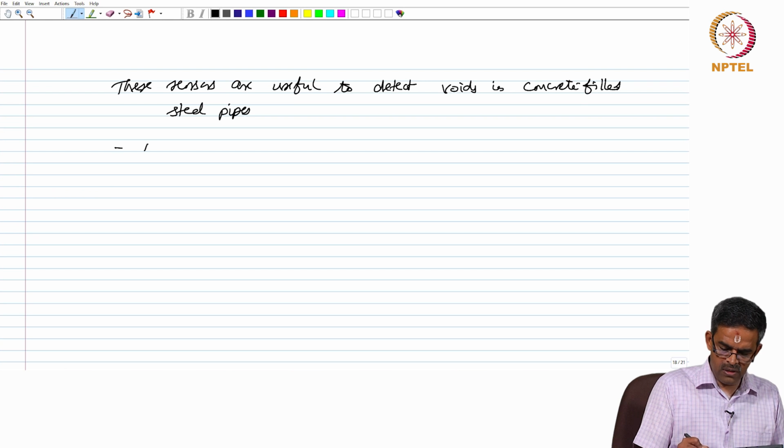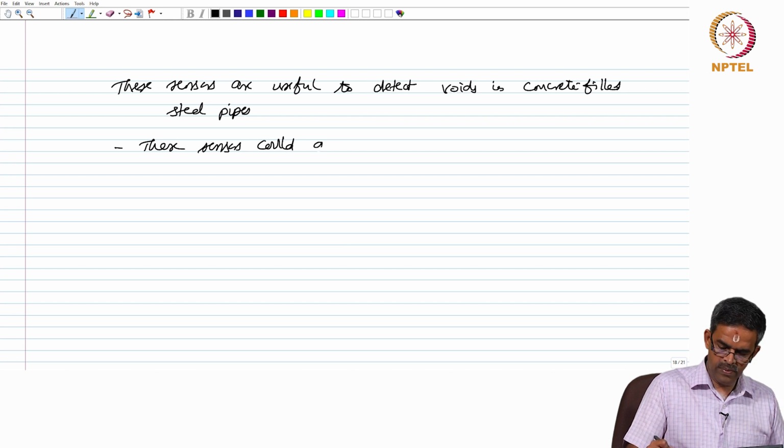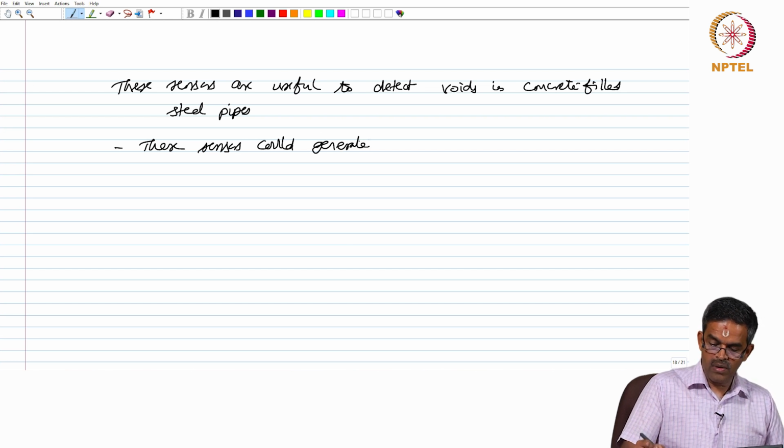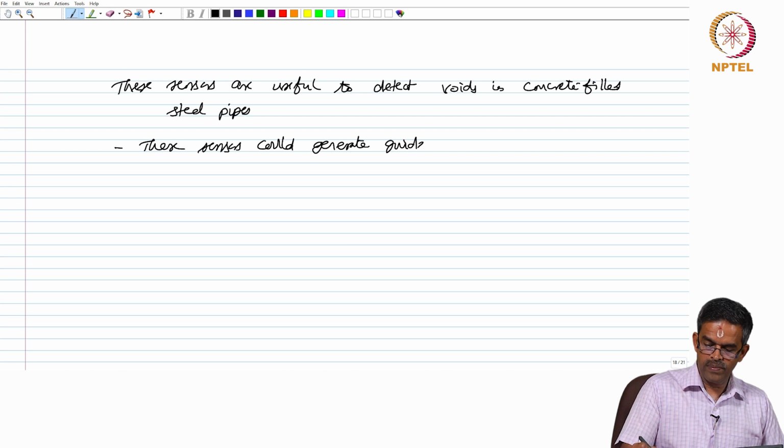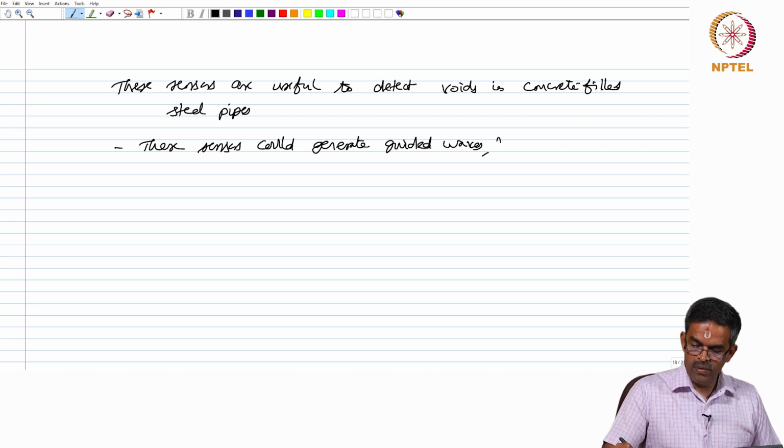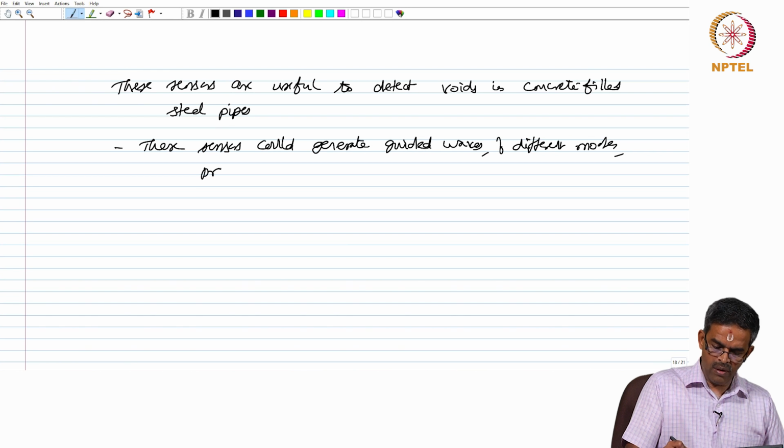These sensors could generate guided waves of different modes propagating along the length of the pipe.